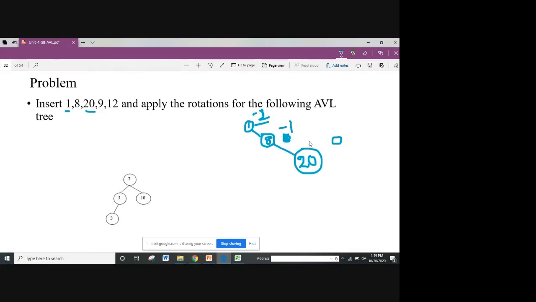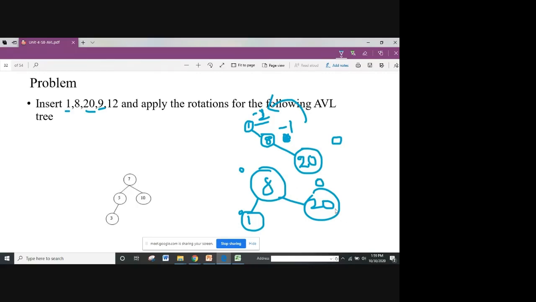I will do a left rotation. Because I inserted on the right side, I will rotate to the left. So 8 will come up. This side I will get 1, and this side I will get 20. Now again I have to calculate the balance. I think all are zeros. Now again I will insert 9. Where will I insert 9?